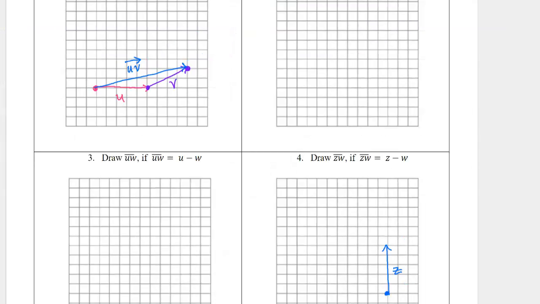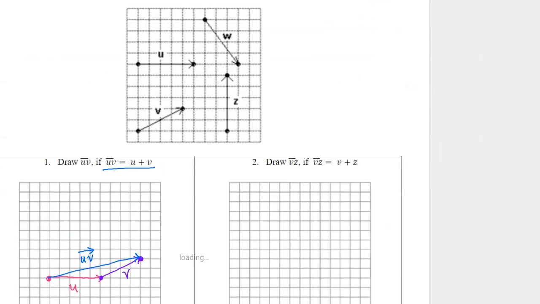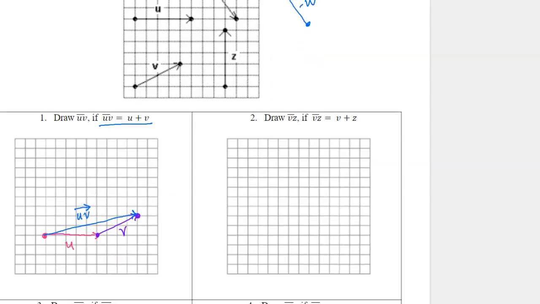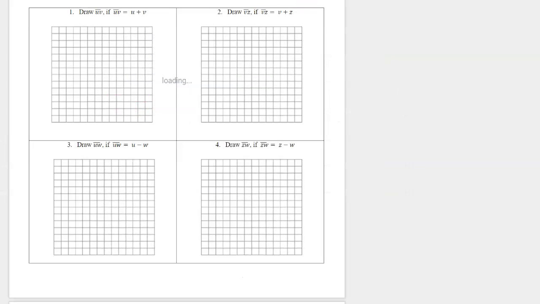And then I'm going to look up here at w. And I see, okay, if I'm starting at my starting point on w, I go down 4, then to the left 3, meaning that negative w is going to go the exact opposite way. It's going to go up 4, to the left 3. So that's what I'll draw here.